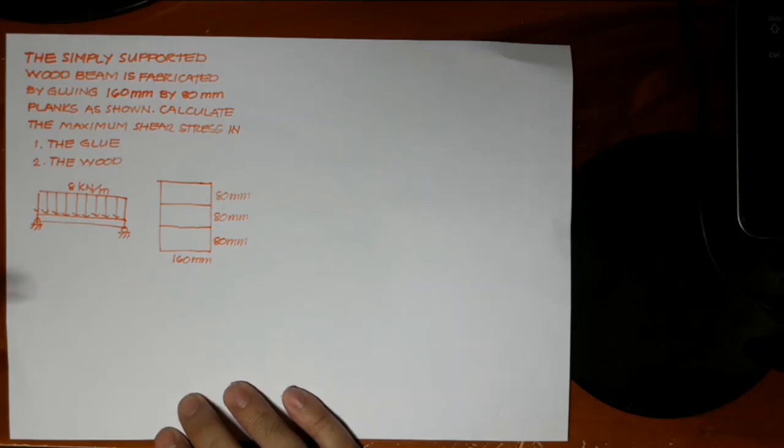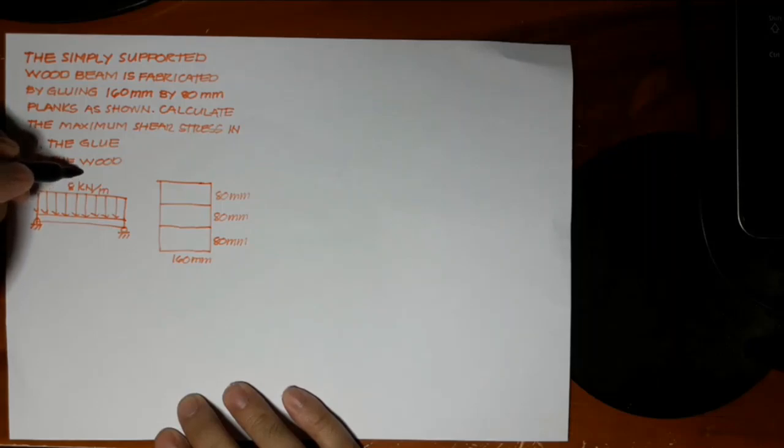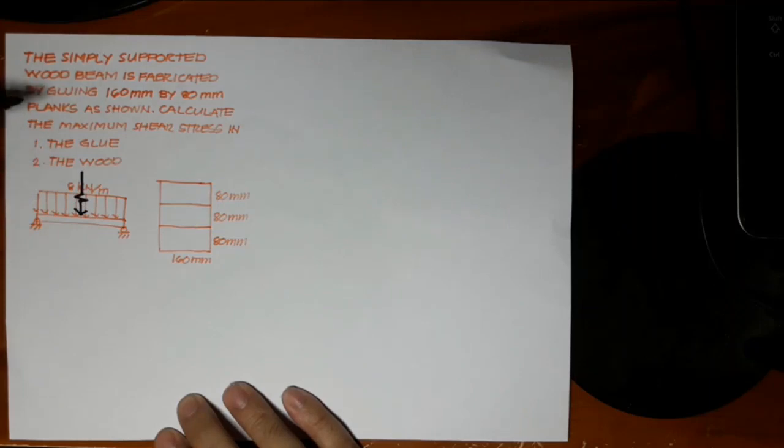In order for us to draw the shear diagram, we have to find the reactions. To find the reactions, we resolve the resultant of this uniformly distributed load. The resultant is located at the center and has a value equivalent to the area of this load.